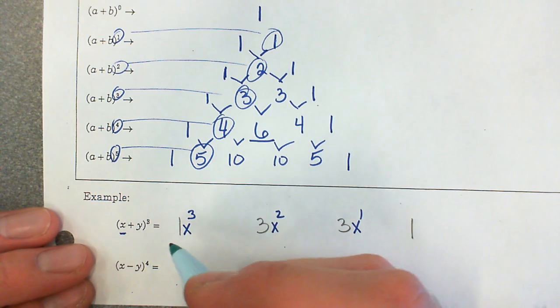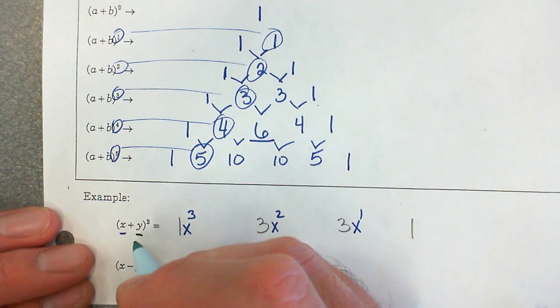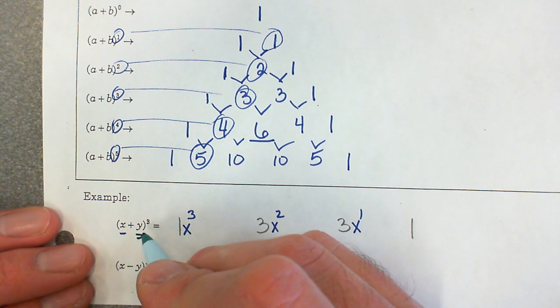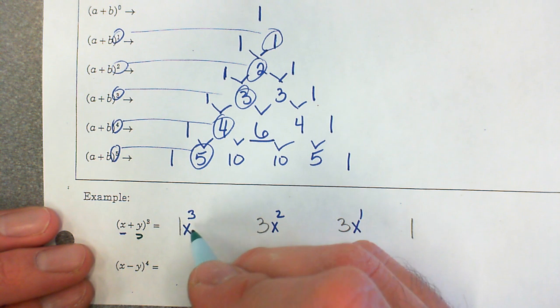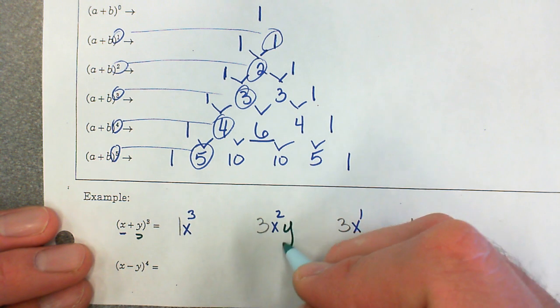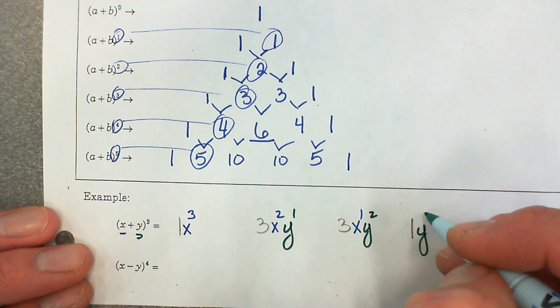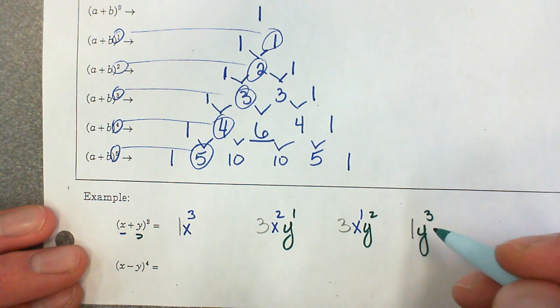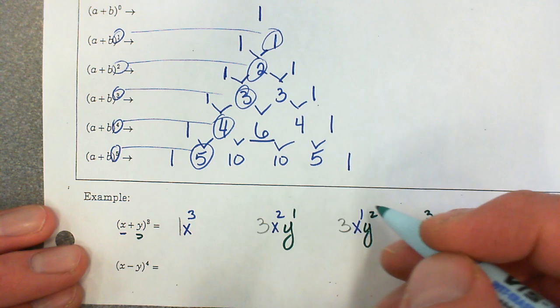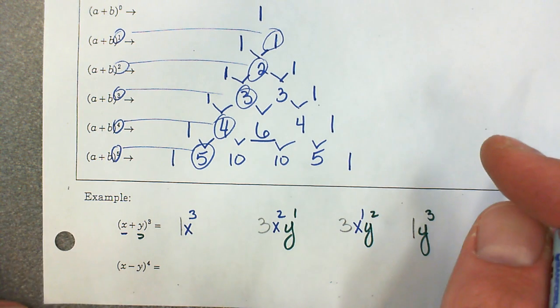Our next value is y, and y isn't going to be in your first term. Then you're going to have 1 in your second, 2 in your third, and 3 in your last term. Or you can count it down from the end, 3, 2, 1, gone.